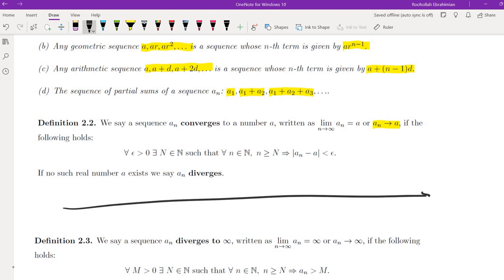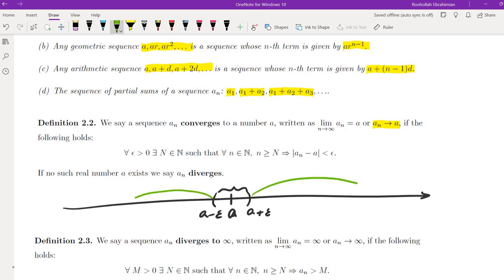We say a sequence an approaches a if, whenever you take the interval from a minus epsilon to a plus epsilon, all of the terms of the sequence are in here except for finitely many that are outside.